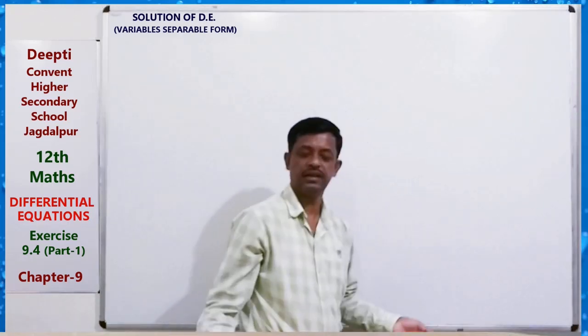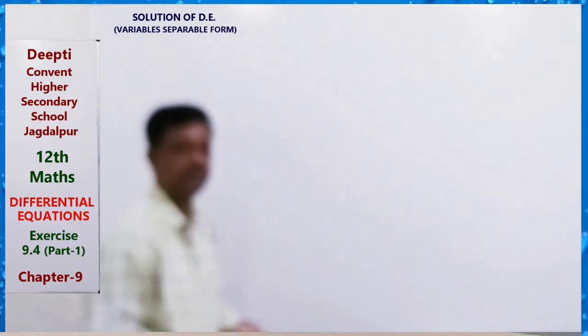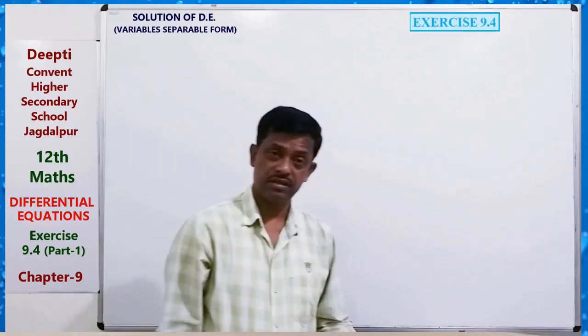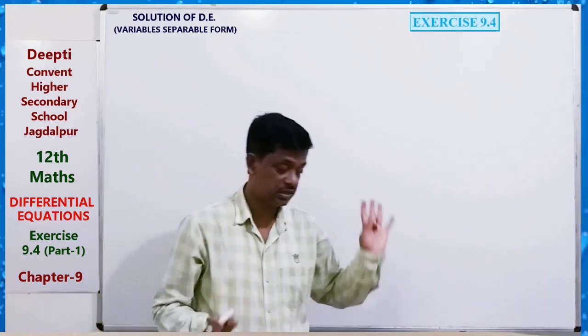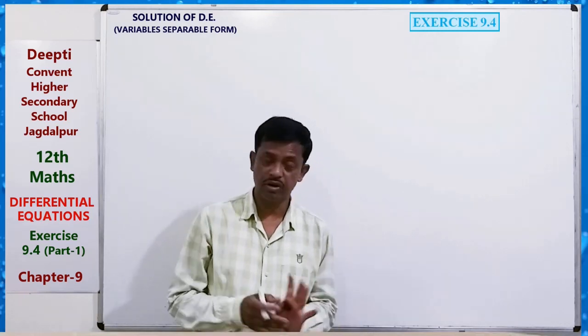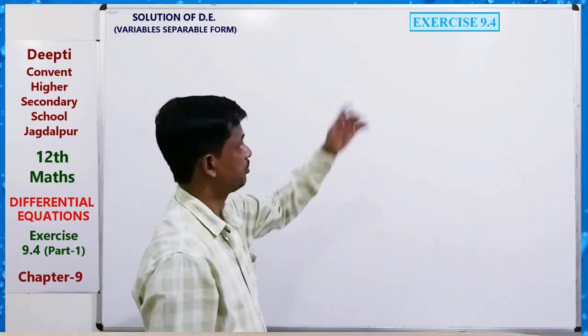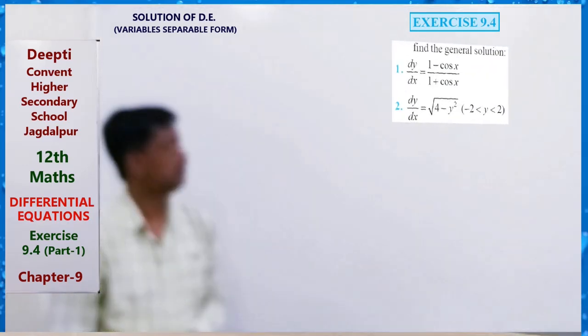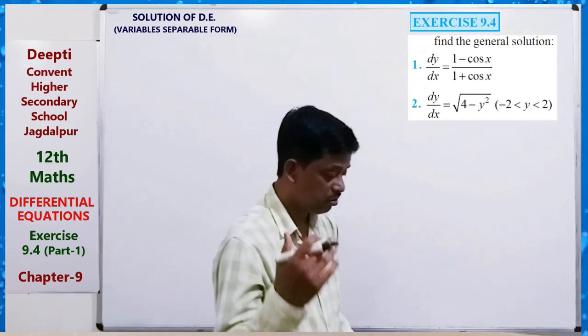After solving, we get a relation between x, y and the constant. That will be the solution. You should do examples simultaneously, as examples are also important. So I am starting questions from exercise 9.4 one by one.